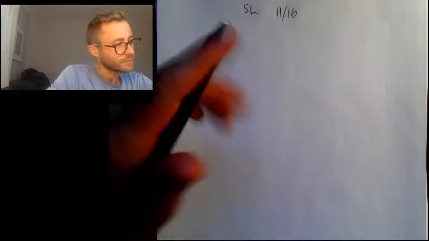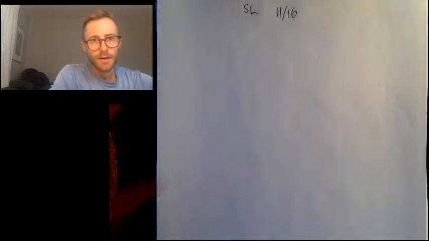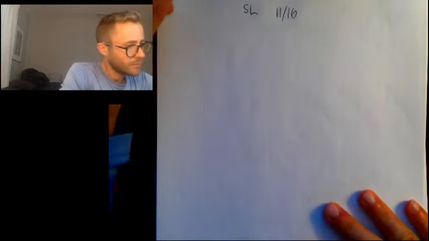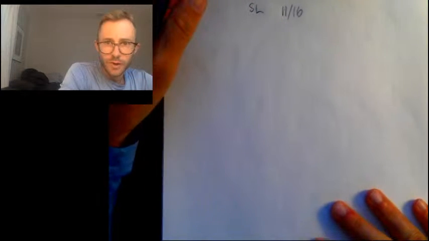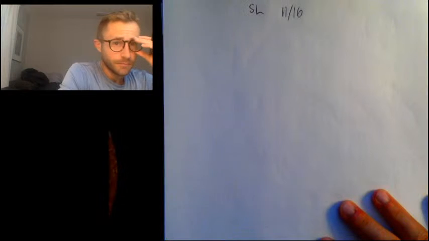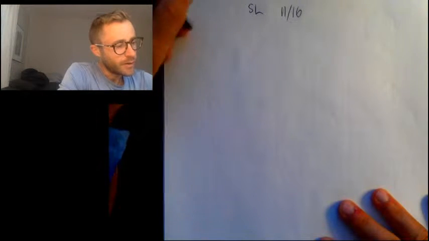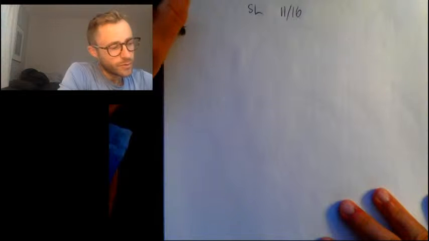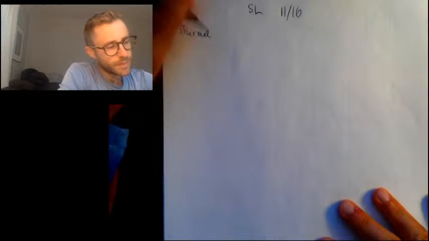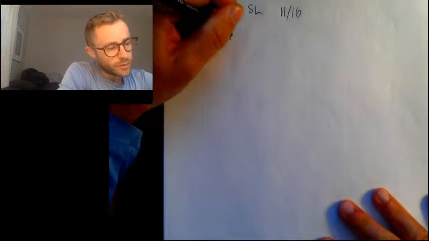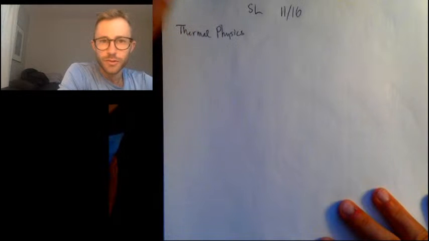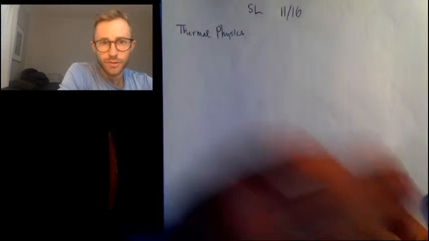All right. So let's go ahead and get started. So we're beginning a new topic, and that topic is thermal physics. This is the part of the IB class where we start to jump around to different topics.